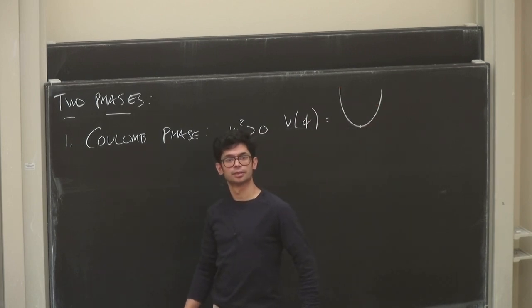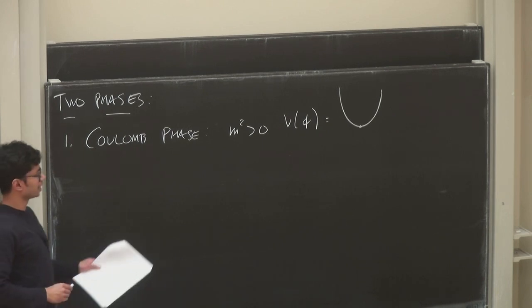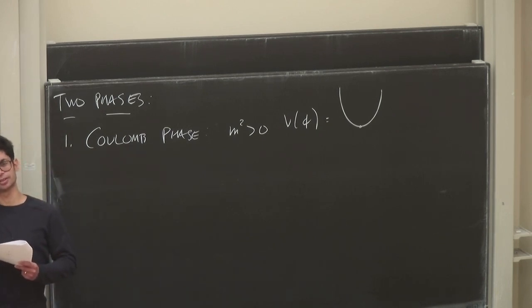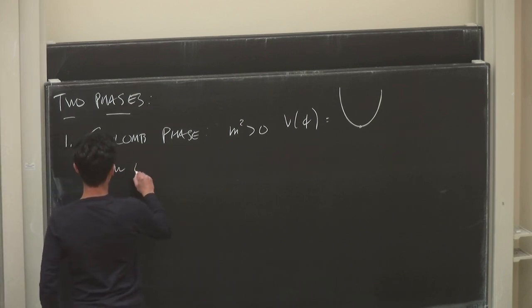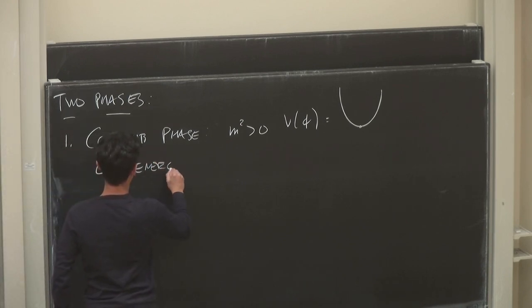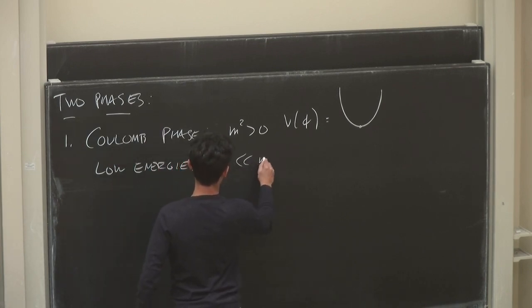Now, in the Coulomb phase, I just have massive phi particles interacting with E and M. This is the first thing you study in QFT. So we have massive phi particles interacting with E and M. And this is really the same as the previous case. Let's go to very long distances, very low energies, so energy is much, much less than m.